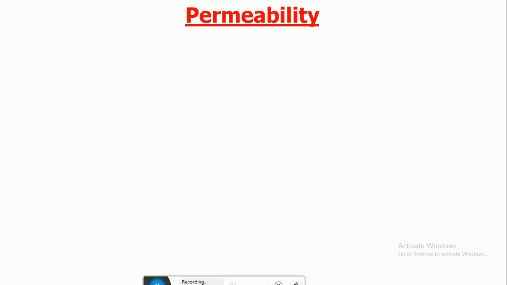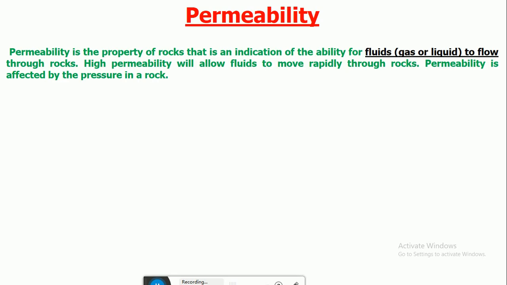Permeability, as the name suggests, gives permission to the fluid to move in any medium. That is the general concept. Now what is permeability? Permeability is the property of rocks that is an indication of the ability of fluids, that is gas or liquid, to flow through rocks. High permeability will allow fluids to move rapidly through rocks.